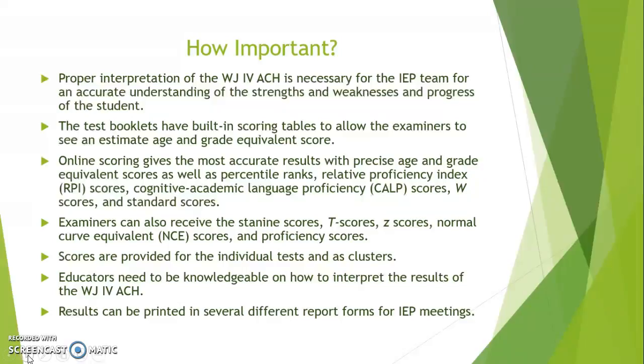Now, educators need to be knowledgeable on how to interpret the results of this test. There isn't time in this meeting to go over how to do this, but we are going to have another meeting where we learn how to understand these different types of results and scores and how we can explain these in the IEP meeting.